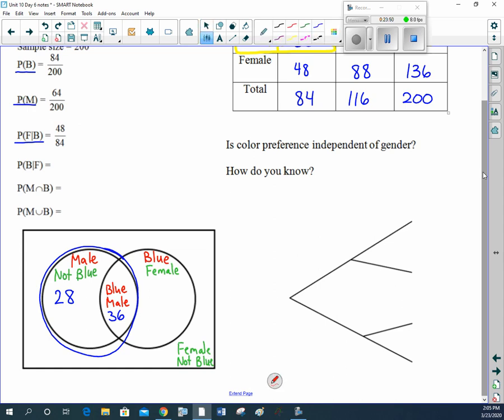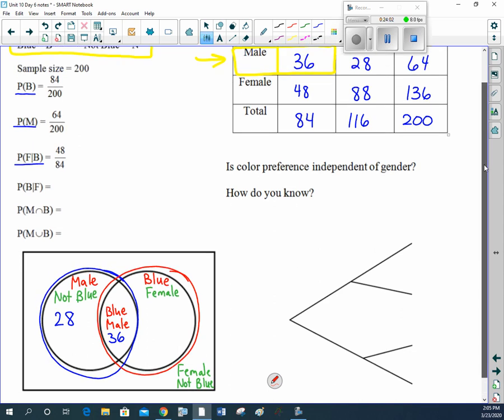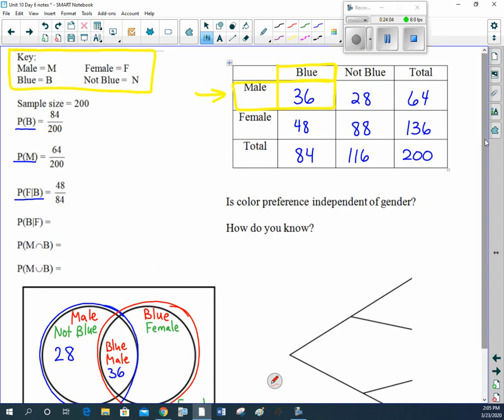Okay, so let's do the other side. Let's do this circle right here. Same thing, this is supposed to be the blue and the female, right? Well, all the people who like blue, that's the blue circle. How do I know it's the blue circle, not the female? Because in this red circle, the word blue appears twice. That's the blue circle. Okay, how many total blue? It was 84.